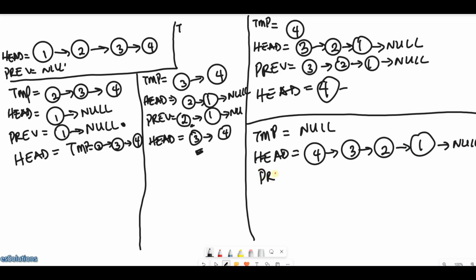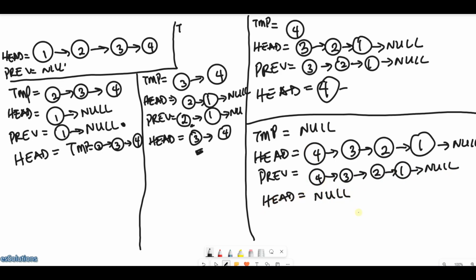And we set this as our previous. So previous is now going to be 4 pointing to 3 pointing to 2 pointing to 1 pointing to null. And then our head is equal to whatever is in the temp, which is null. And we have a while check, checking if our head is null, and so it comes out of this.